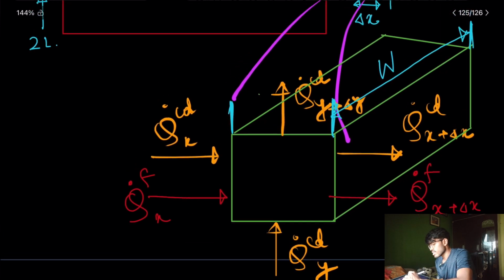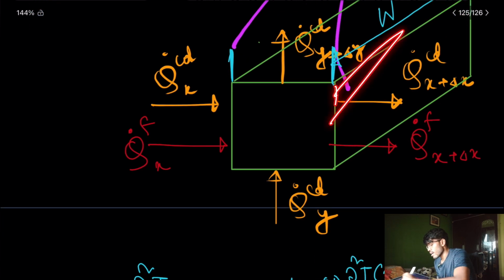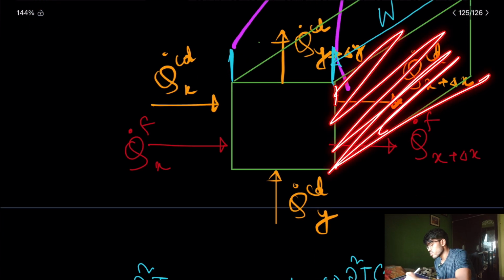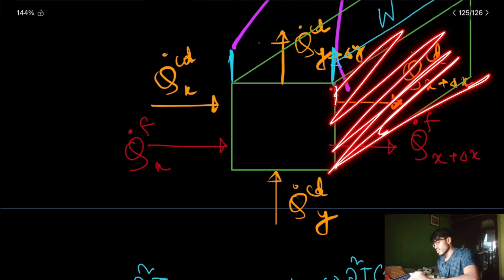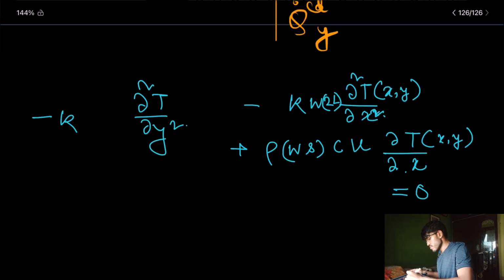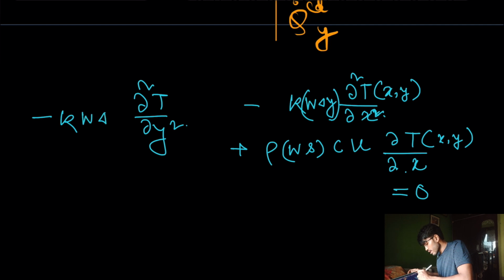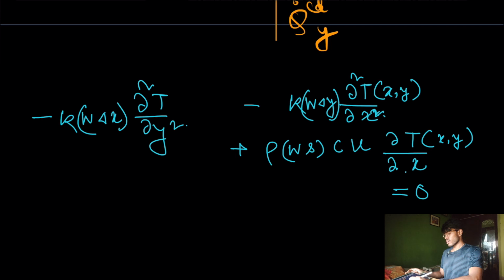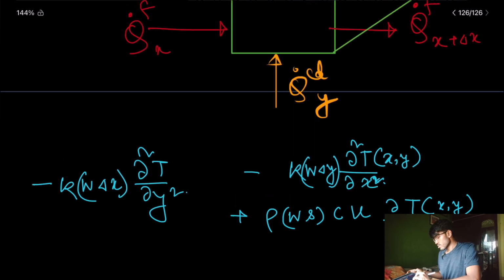And what will be my A_x now? A_x will be this area, w into delta y. So here I have to change: this will not be w into 2L, this will be w into delta y, this is A_x, and this will be w into delta x. Clear? I hope that is clear.